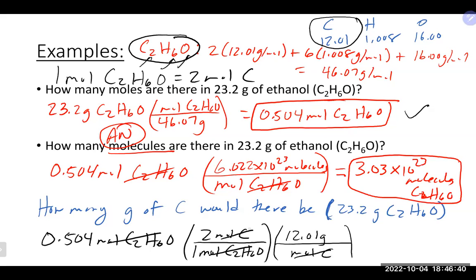The moles of carbon will cancel. And at this point, we will end up with 0.504 times 2 times 12.01, about 12.1 grams of carbon, if I got that right there.